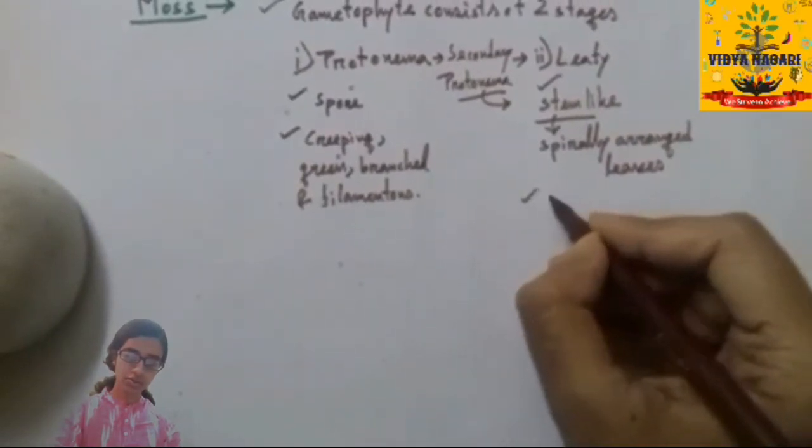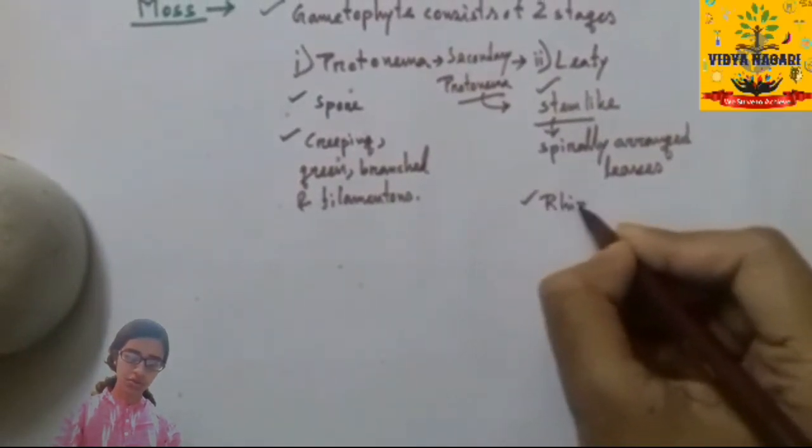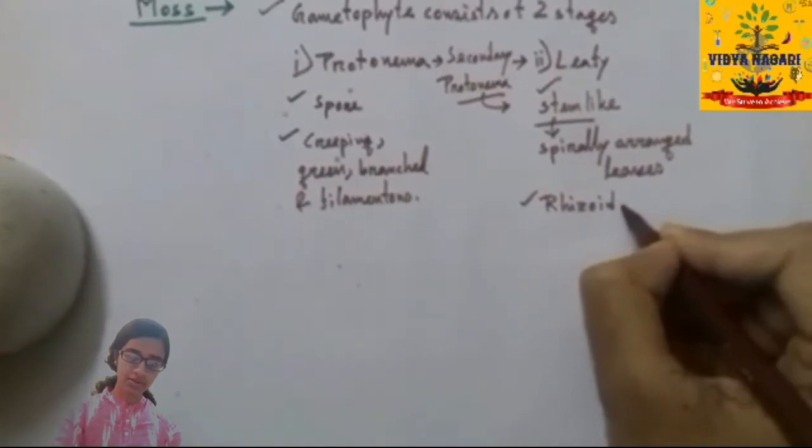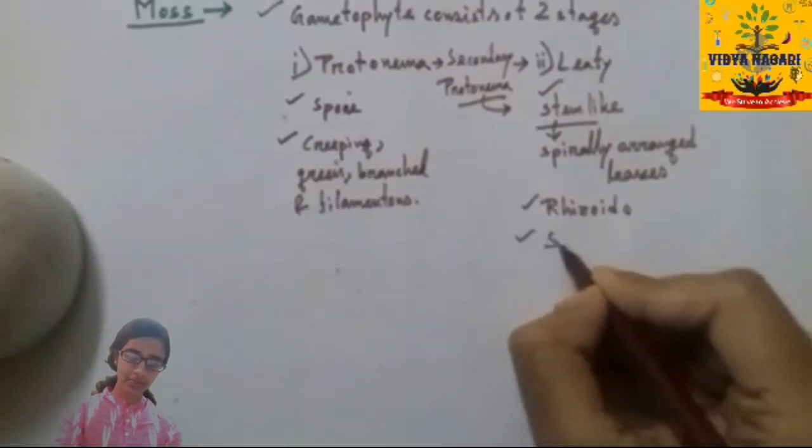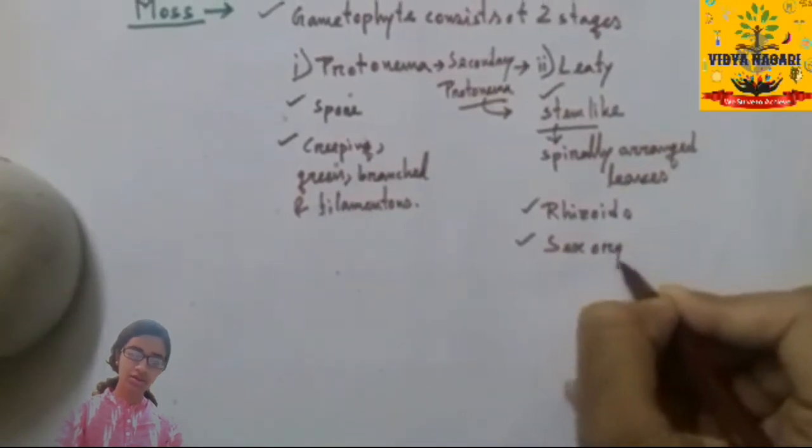Again they have root-like structures, rhizoids, and this stage bears the sex organs.